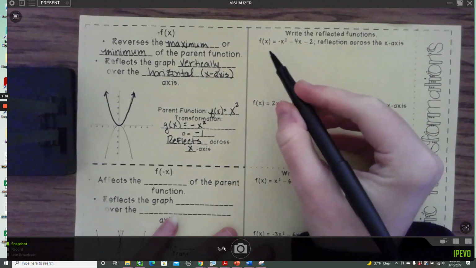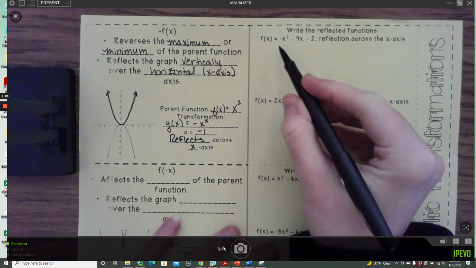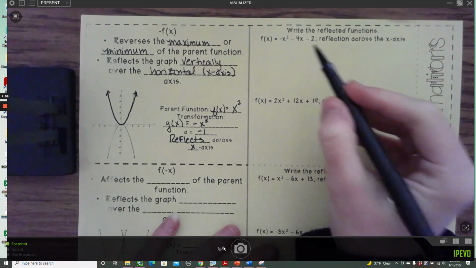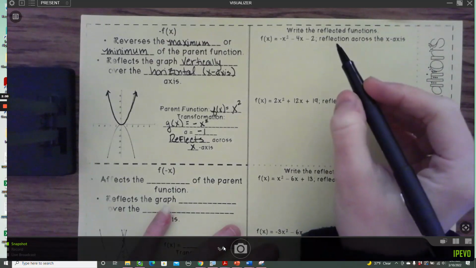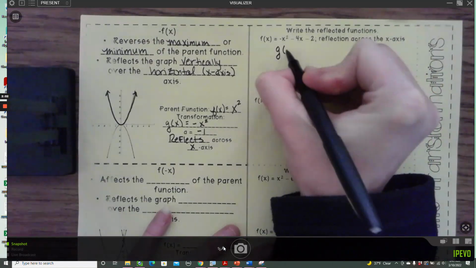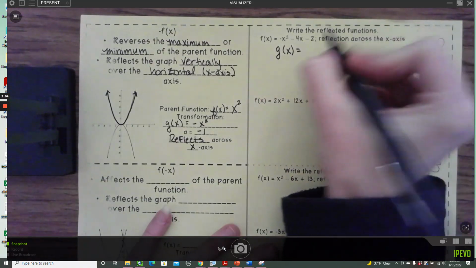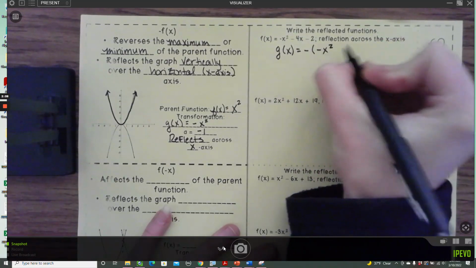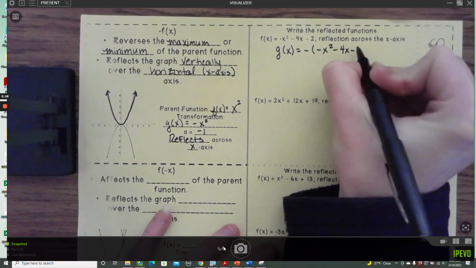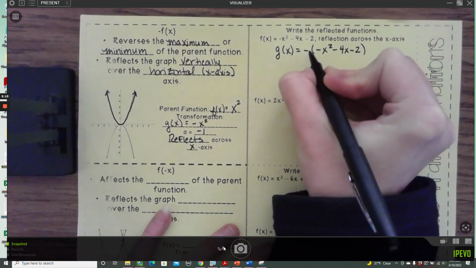All right, so write the reflected functions. F of x equals negative x squared minus 4x minus 2, reflection across the x-axis. So what we do, g of x, in this situation, is we're going to multiply the entire function by a -1.